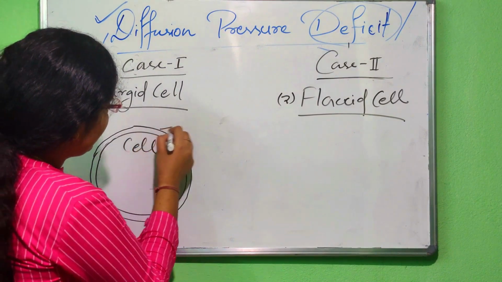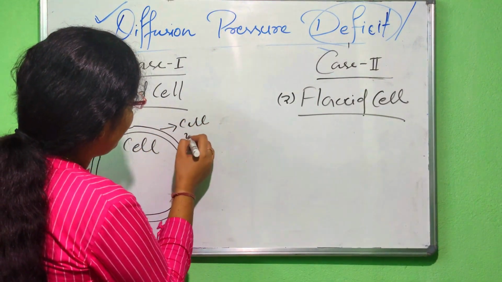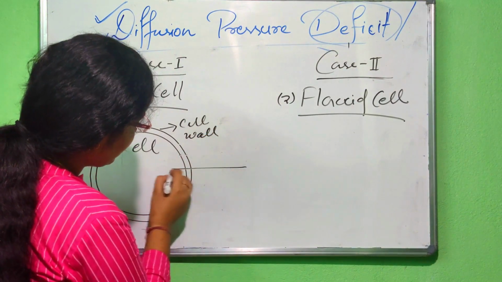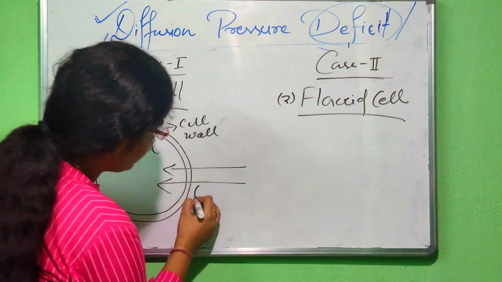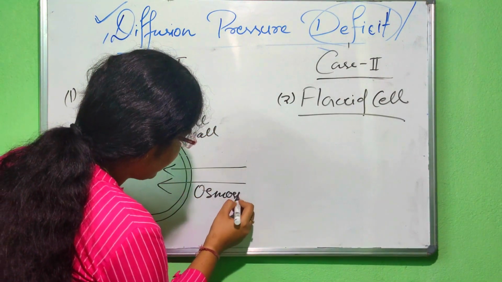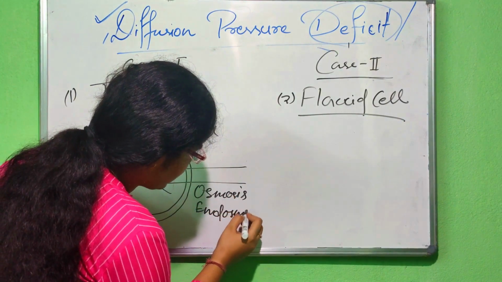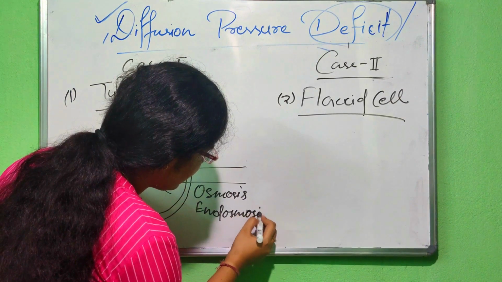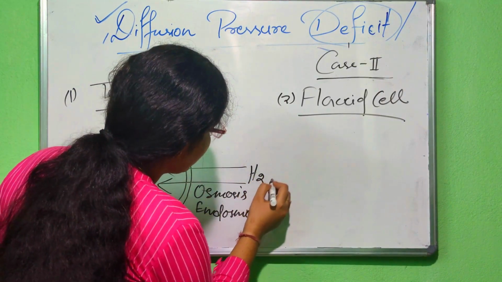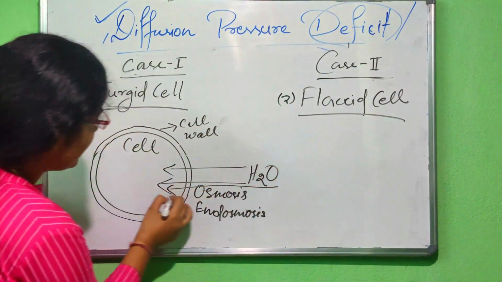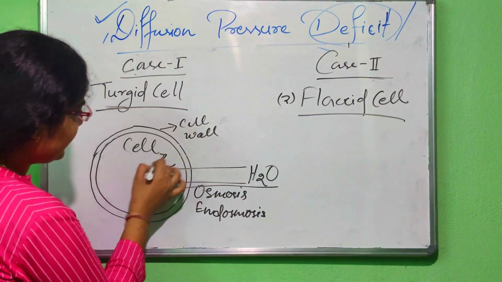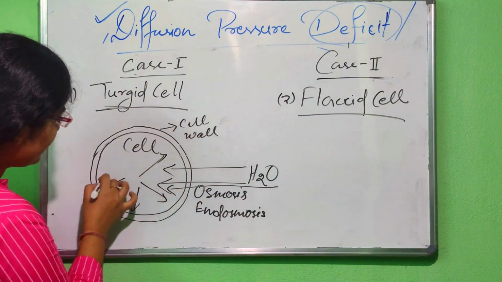This is the cell and this is the cell wall. As water enters through osmosis, particularly endosmosis, water enters into the cell and creates some pressure inside the cell.